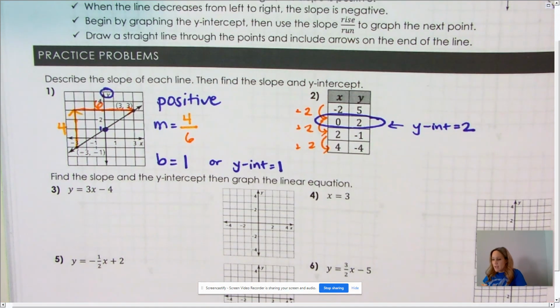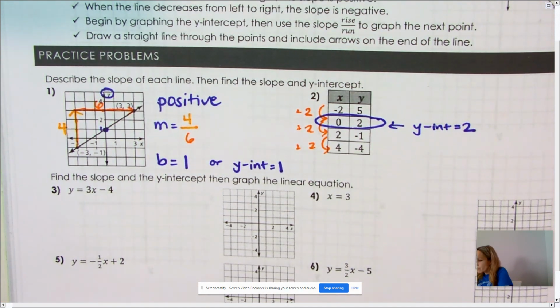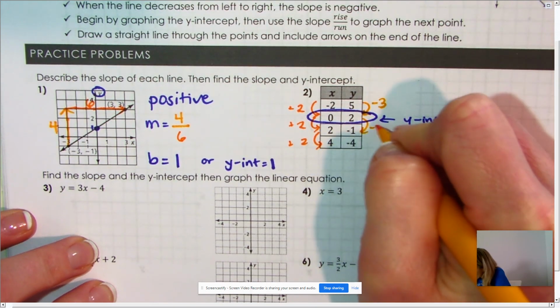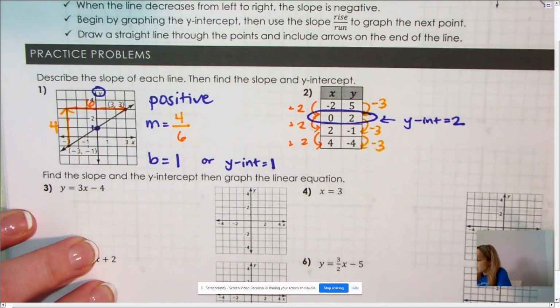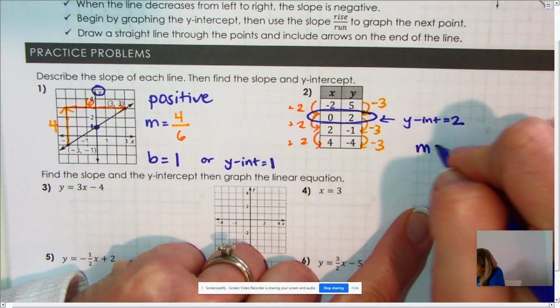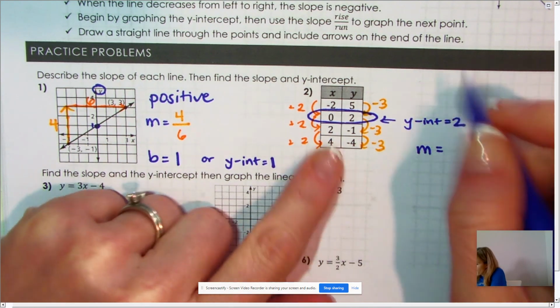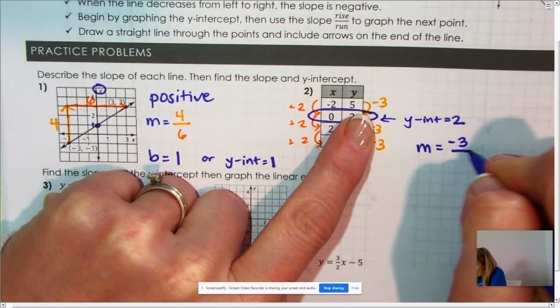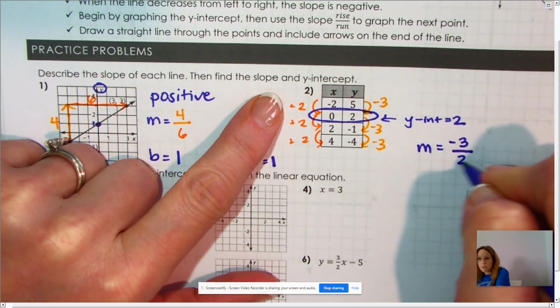So I was going to the right. And then let's look at the y direction. I went down by 3, down by 3, down by 3. So if I'm going to say what the slope is, I'm going to say, well, it's going down by 3 every time I go over by 2.